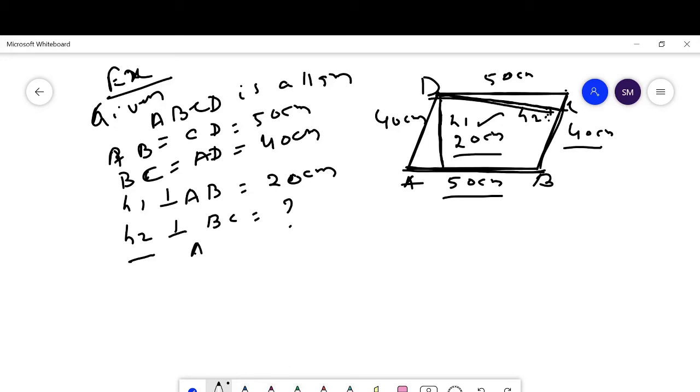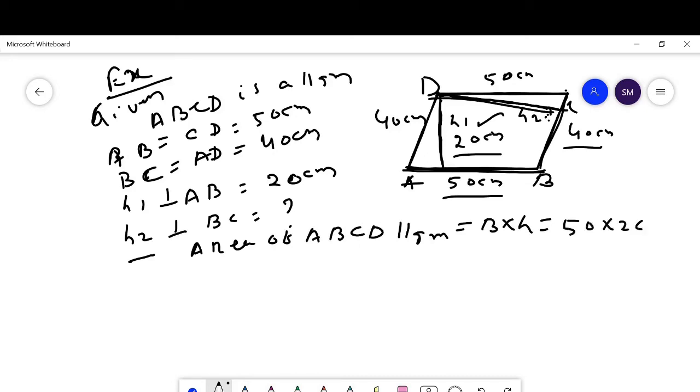Then the area of the parallelogram ABCD is equal to base into height, which is equal to 50 into 20, which is 1000 centimeter square.